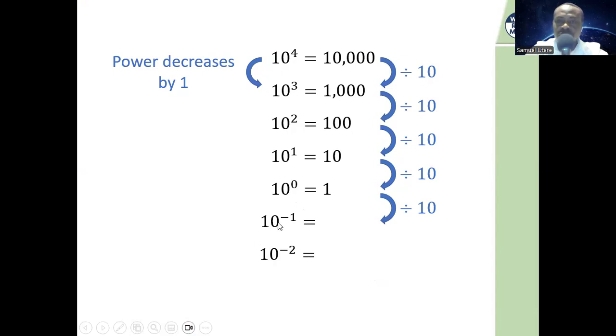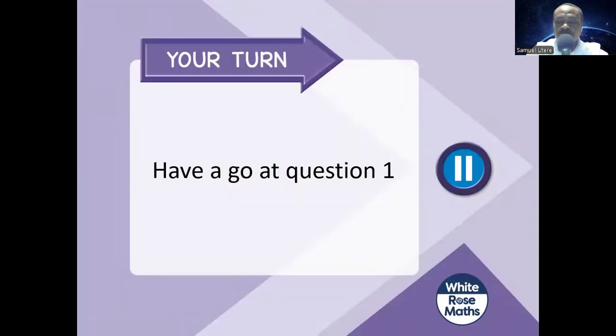And what is 10 to the power negative 1? Well, it happens that that is 1/10, because 1 divided by 10 will be 1/10. And then 10 to the power negative 2 will be 1/100th, which is 0.01. And we can use that knowledge to do some practice.